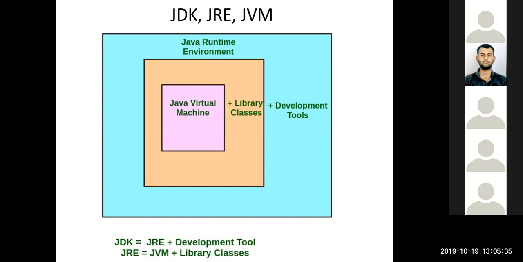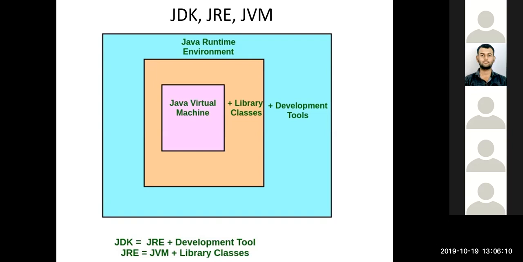So JRE is basically the Java virtual machine that provides you that environment, a container on which your Java code will be executing, as well as the set of classes or libraries required to let your program execute. So the JDK is a combination of JRE and development tools.